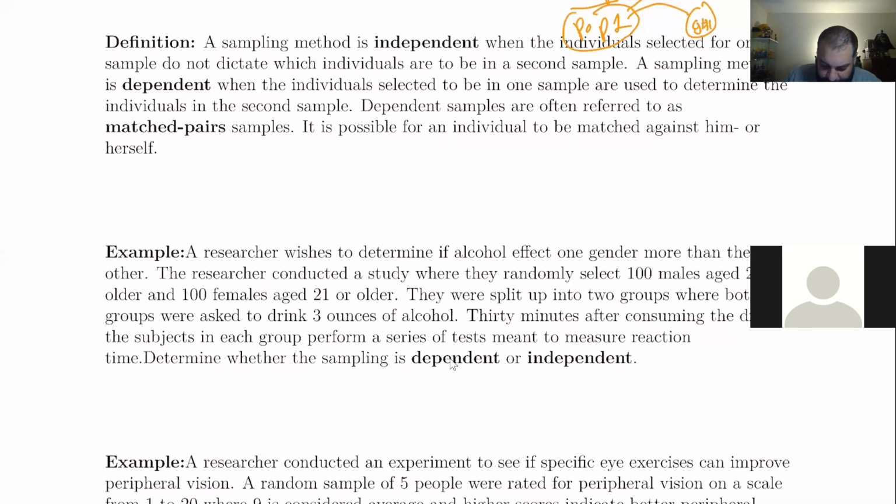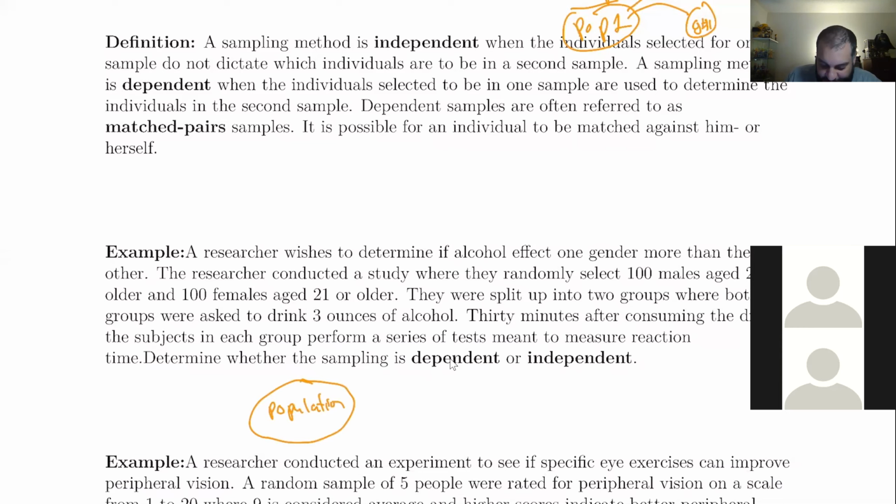If you look at this one, we have population 1, which is female, and population 2, which is male. Both of them have their own separate population.